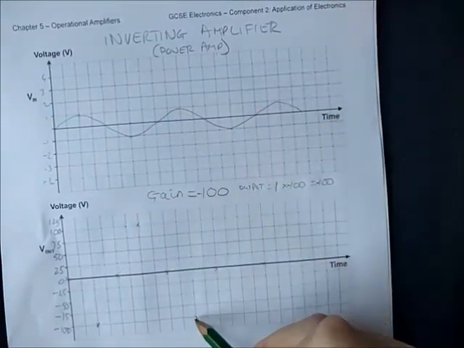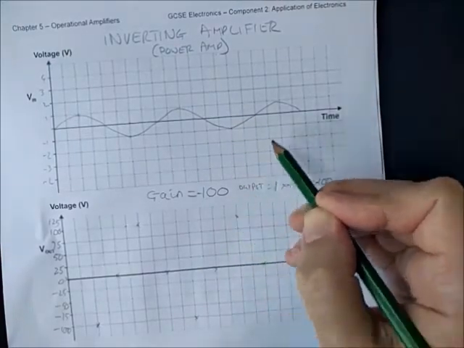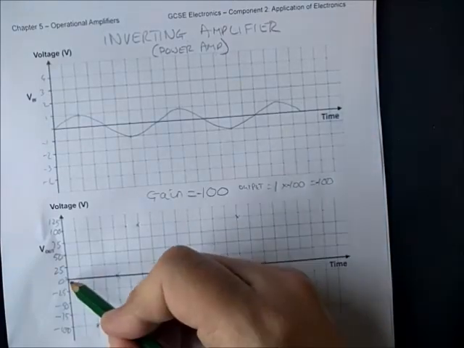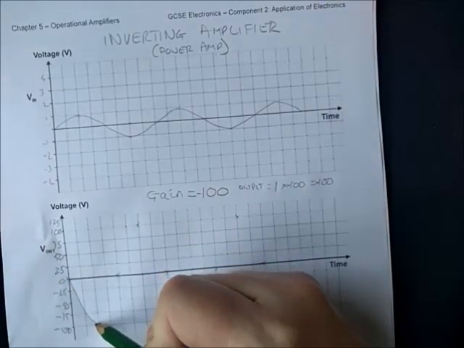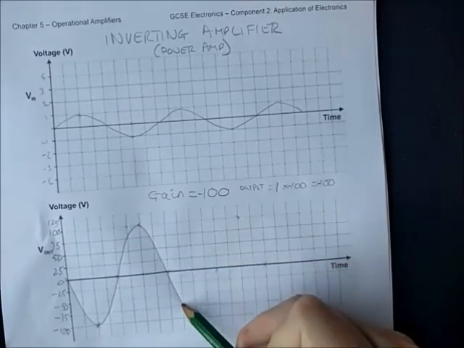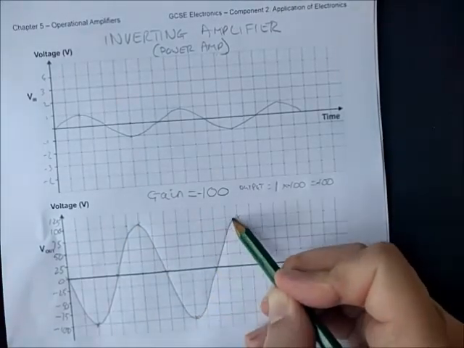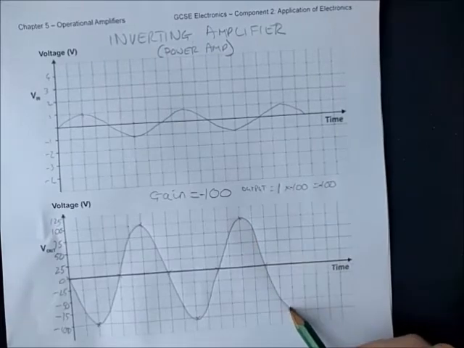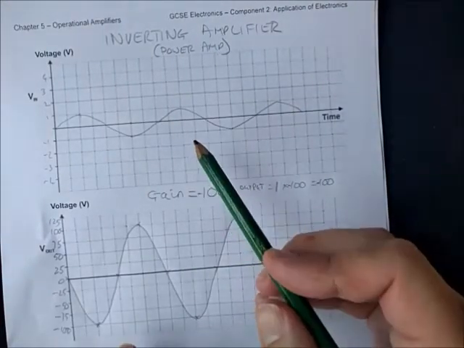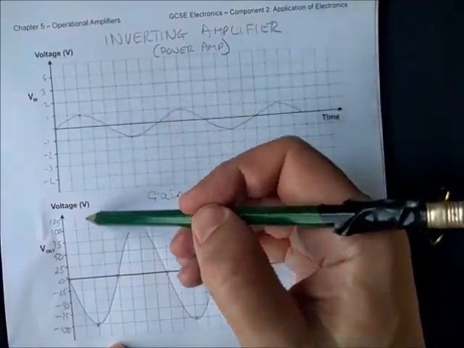So I can work this out down here. I can put all the components in, and then I can draw my signal. So if I'm doing this through all the points that I've marked out, I can see that the frequency still stays the same.